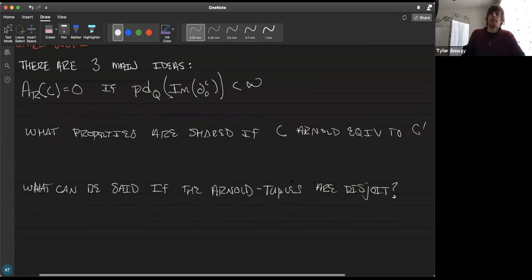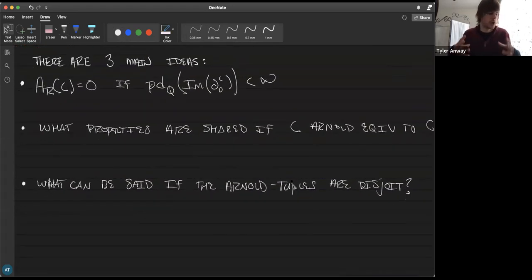What I mean by disjoint is that they share no common building blocks in their approximation. If that's the case, then they must be fundamentally different in some way. So we're curious as to what we might be able to say in that case as well.